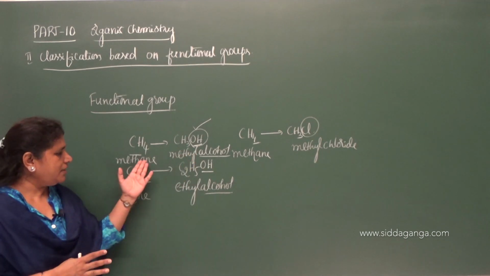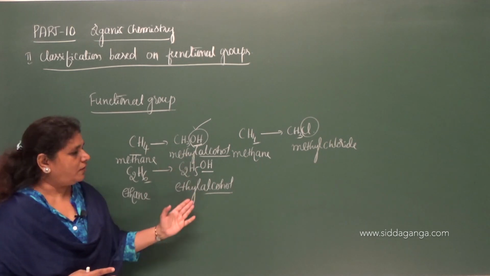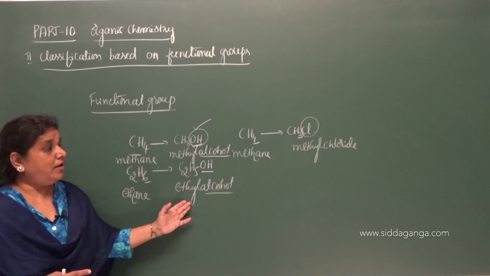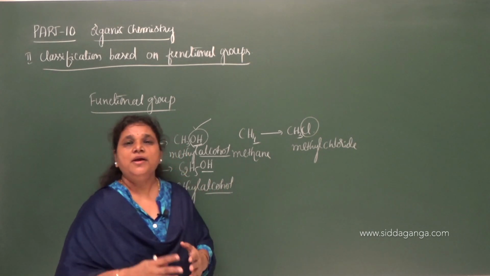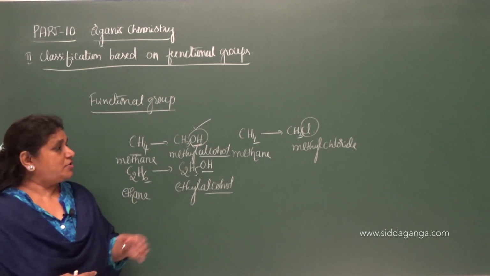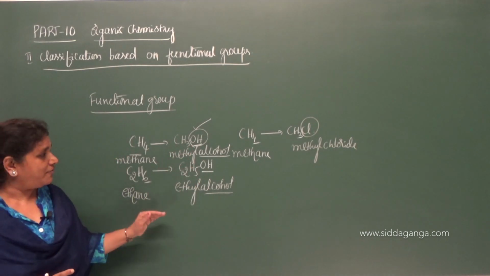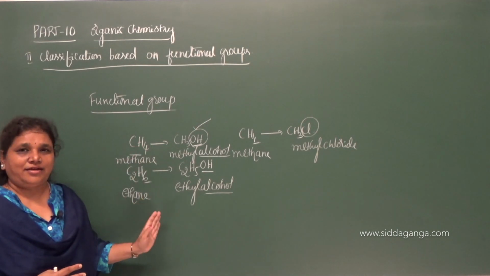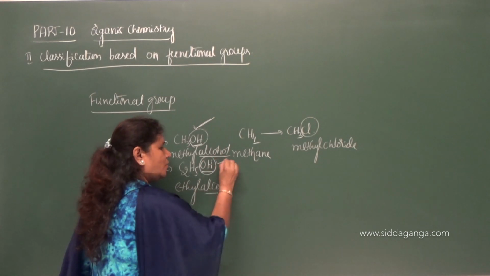So the properties of methane and ethane differ from the properties of methyl alcohol and ethyl alcohol. And the properties of methane also differ from those of methyl chloride. Why do the properties of methyl alcohol and ethyl alcohol differ from those of methane and ethane? The reason is the presence of this OH group.